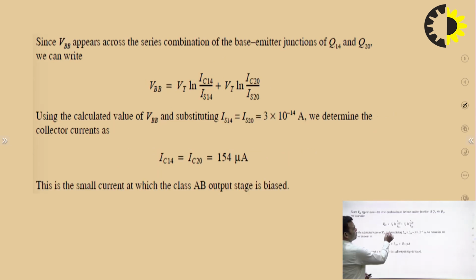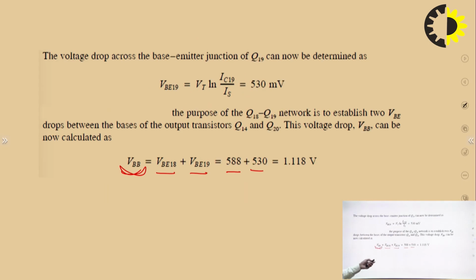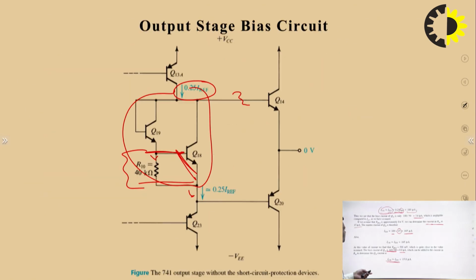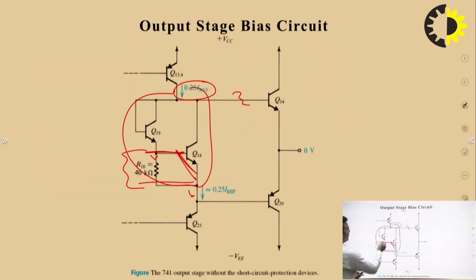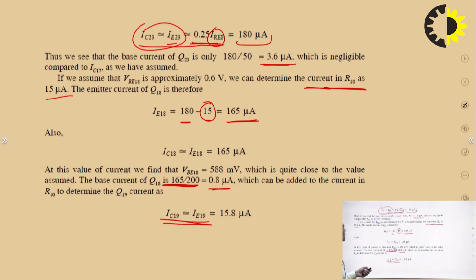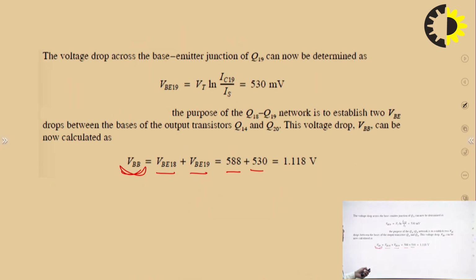Now if you put these values for the transistors Q14 and Q20, the voltage drop across 18 and 19 will be equal to the voltage drop over the base emitter junctions of Q14 and Q20. That's why we are putting these two equal.